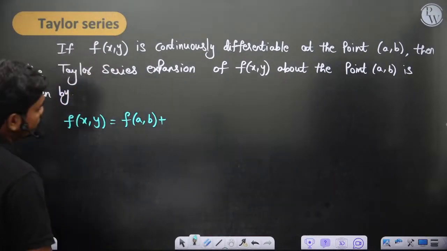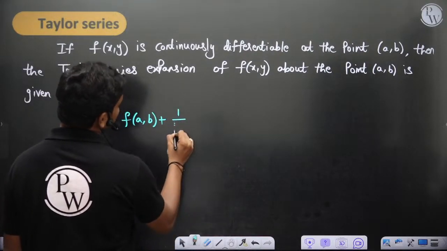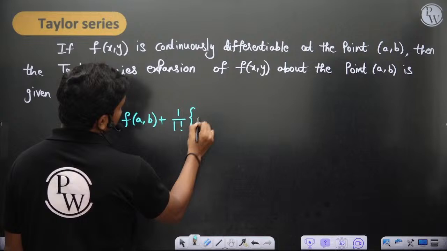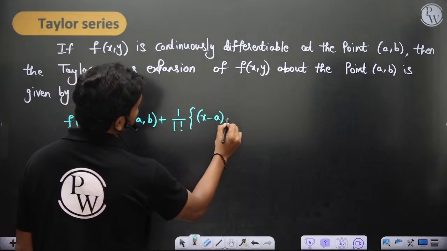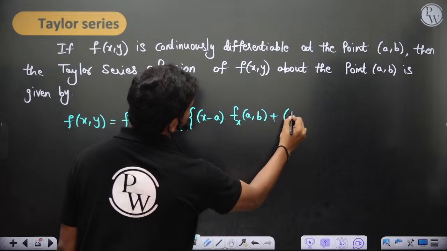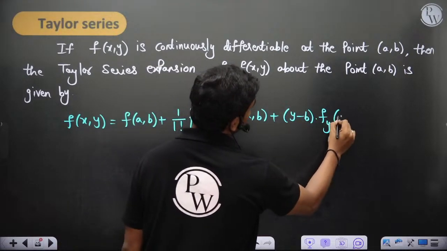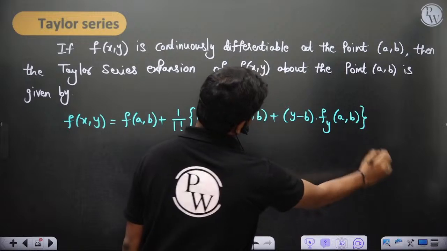So f of a comma b plus, now let's see, 1 by 1 factorial times x minus a times fx at a comma b plus y minus b times fy at a comma b. So this is the first term.